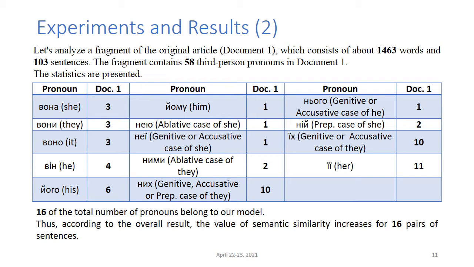And the information about pronouns is presented in this table, and according to the overall result, the value of semantic similarity increased for 16 pairs of sentences in this document.